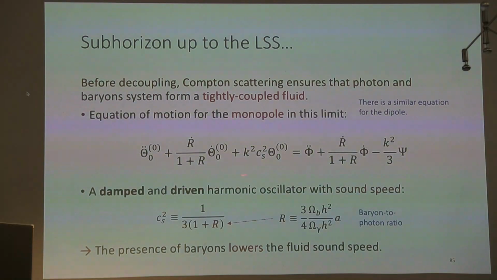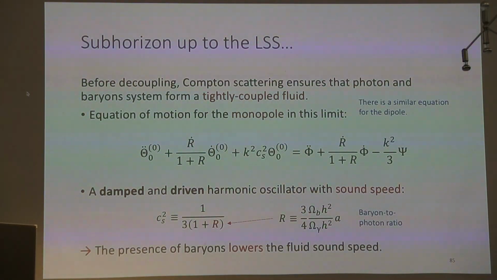Now, if I look at this term over here, you have the k squared and then a sound speed again, Cs. But the sound speed is a little bit different this time. The sound speed squared is not just 1/3, which is what we had yesterday, which would have been the case if you have an exactly ultra-relativistic fluid. But now we are looking at photons coupled to baryons, and the baryons are non-relativistic.